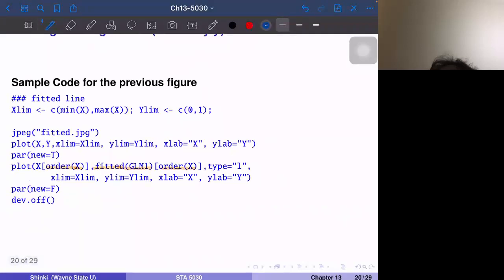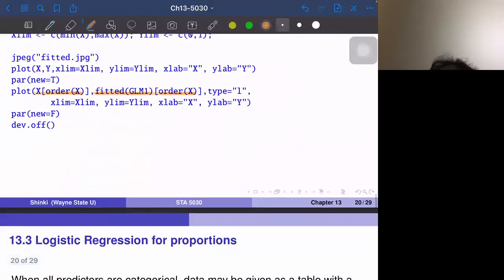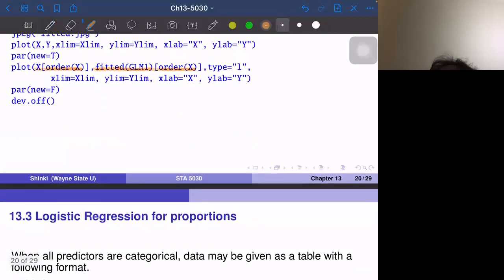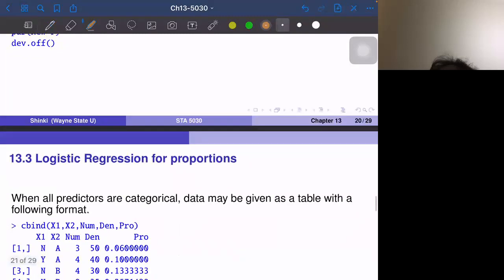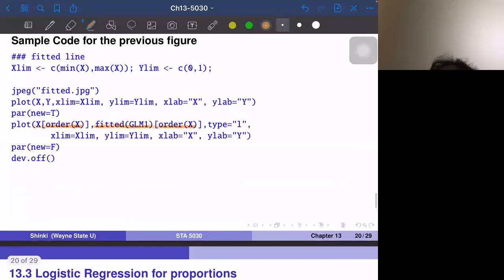So we have to order the x values and also the fitted values to get this fitted curve. Maybe another way is to set the increment of x from -3 to +3 by increments of 0.1, then you can certainly make the same figure.